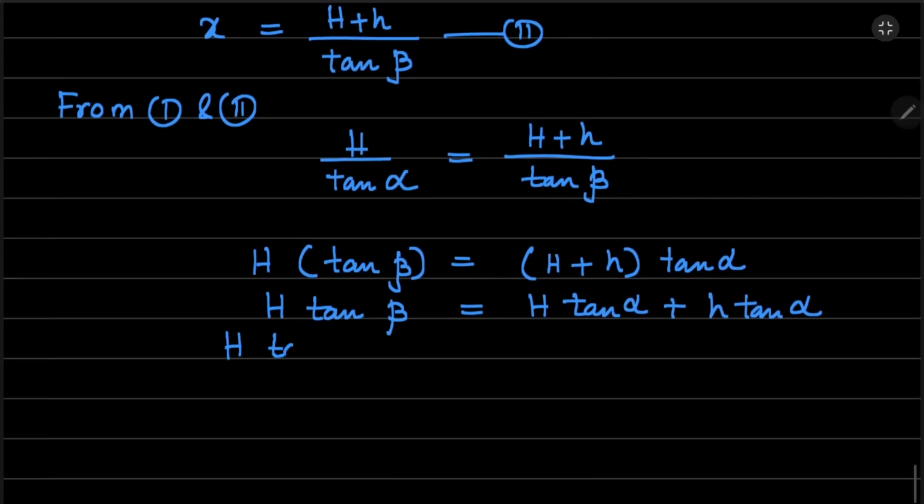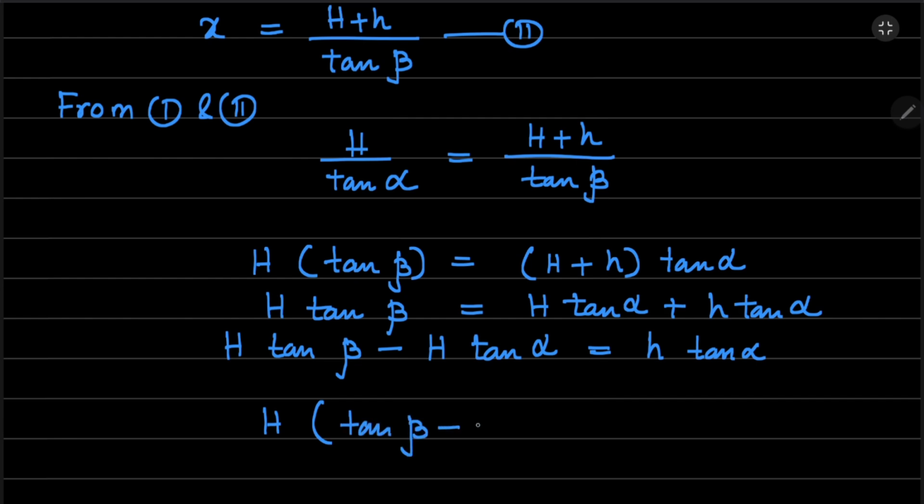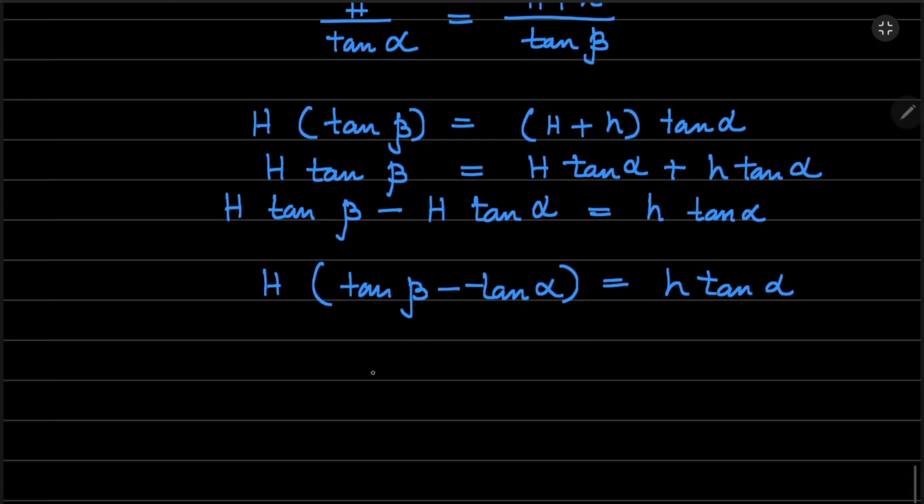So H tan beta minus capital H tan alpha equals small letter h tan alpha, because capital H is the height of the tower. Take H common out. What do you get? H times (tan beta minus tan alpha) is equal to h tan alpha. What is capital H equal to?